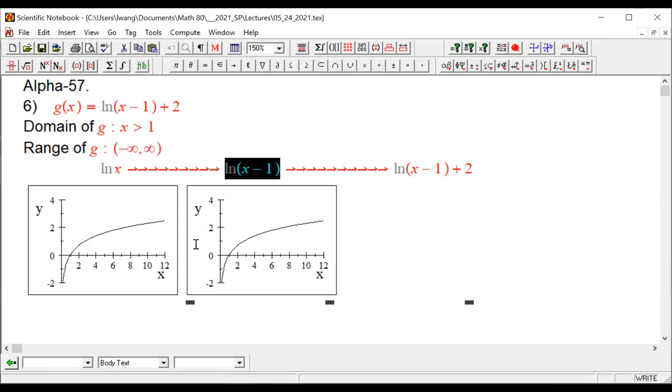So now we have multiple choices. A is a left. B is a right. Do we have C or D?